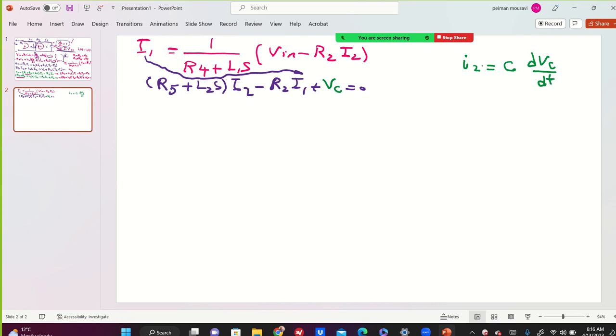Remember, for the capacitor in the RLC circuit, we have it in your notes.